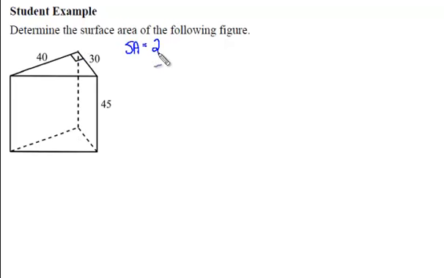So I'm going to say 2 times triangle would account for 2 of those sides, plus we have a front, which is just a rectangle, so plus the front, plus we have a back, which is a rectangle as well, so plus the back. All right, and then we have this side right here, so plus the side.